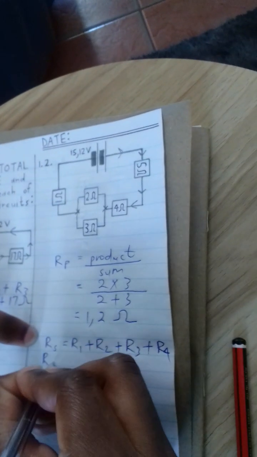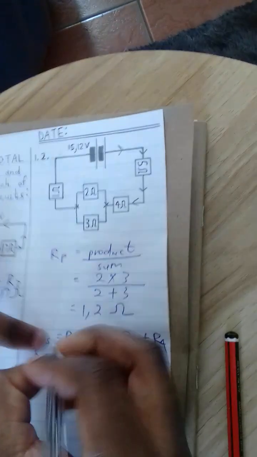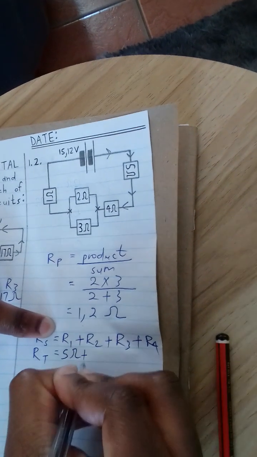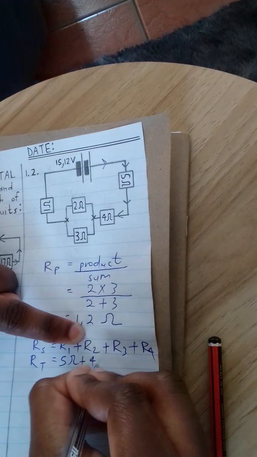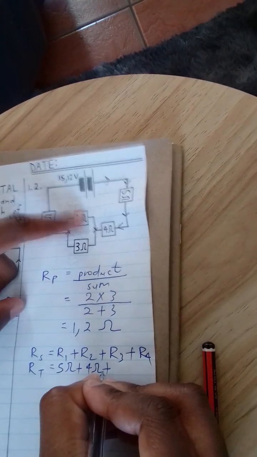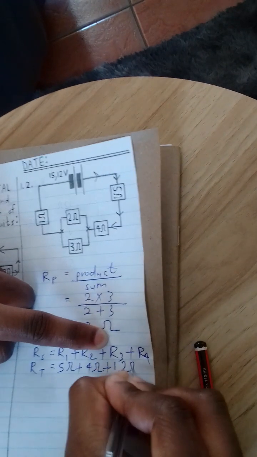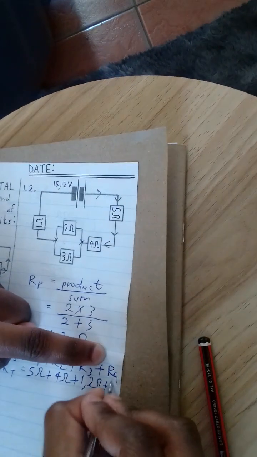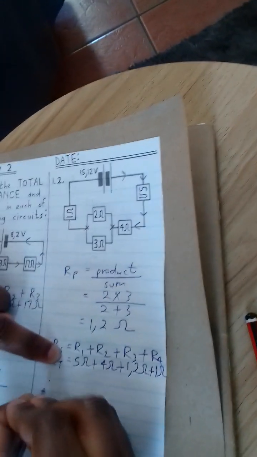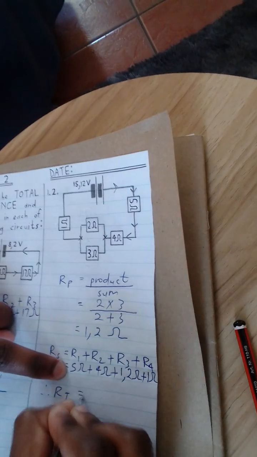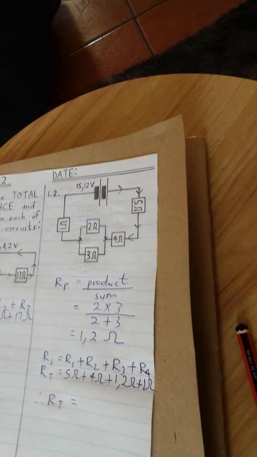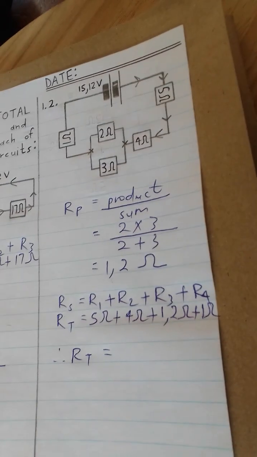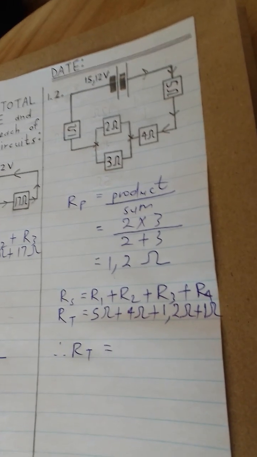Then we're going to say RT is 5 ohms plus 4 ohms plus the effective resistance here, which is 1.2 ohms, plus 1 ohm. I am getting 11.2 ohms.